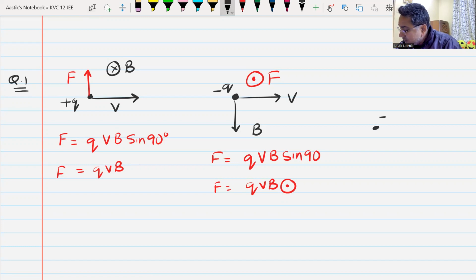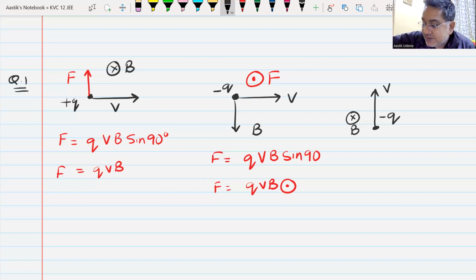If I have a minus q charge like this, moving with a velocity v like this, and the magnetic field is going into the plane of the paper, what will be the magnetic force on this charged particle? What will be the magnitude and what would be the direction?